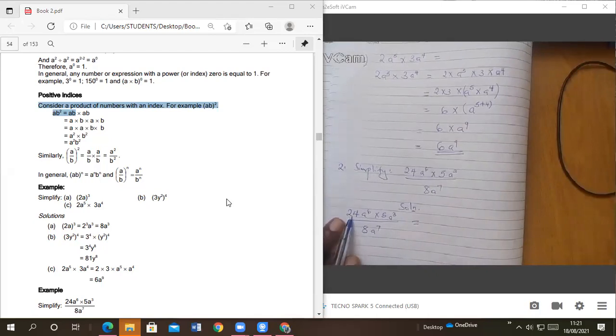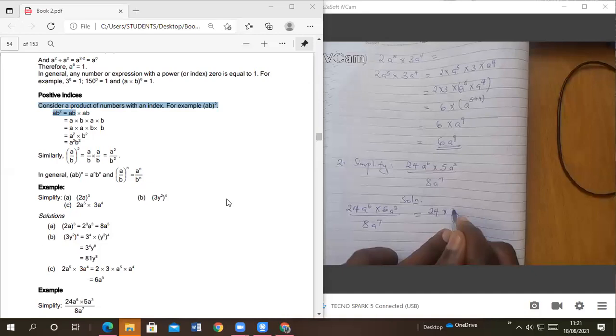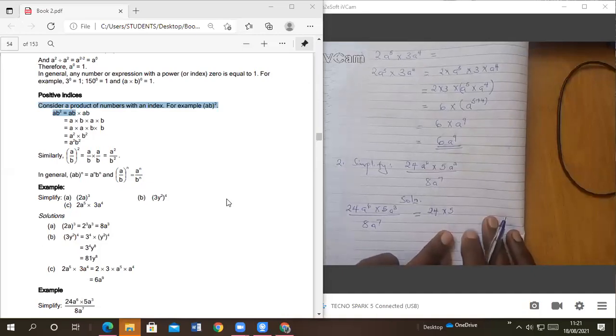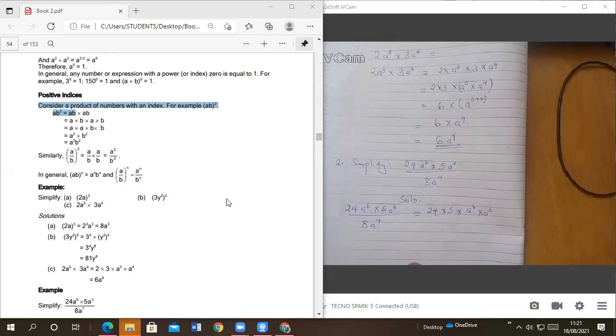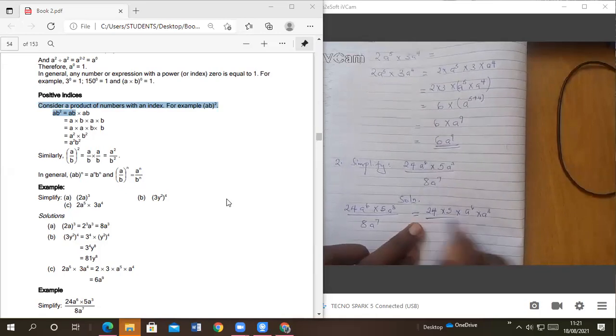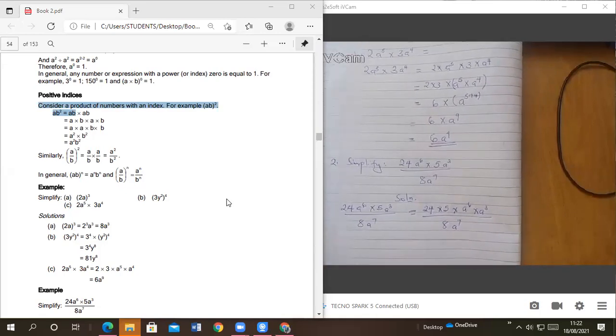Here we have 24, and here we have 5. We multiply them normally. So it will be 24 times 5, times a to the power 6 times a to the power 3, divided by 8a to the power 7.